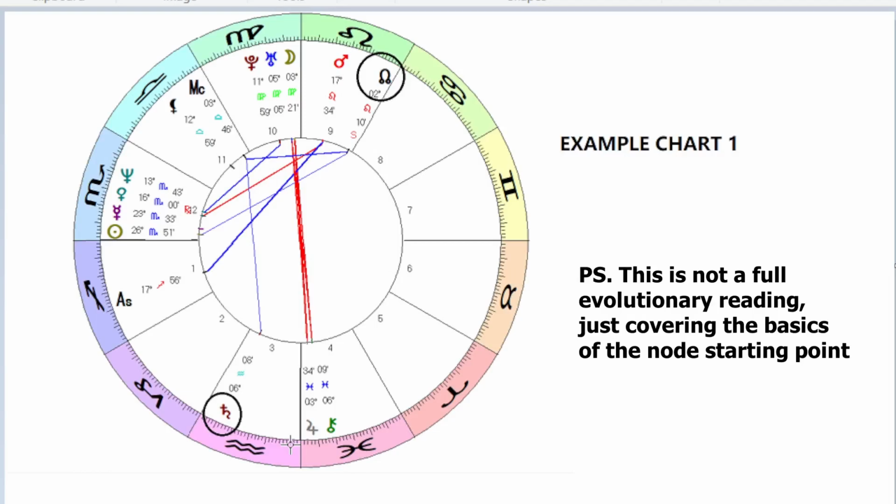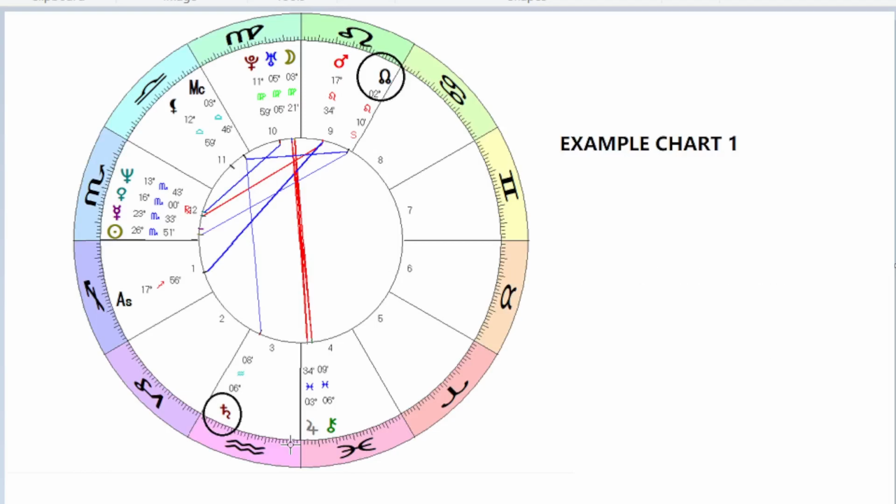Now, what is the North Node in Aquarius, South Node in Leo story? Well, Leo is the North Node, and that's going to represent the energy that is the least familiar to this person, and Aquarius is going to be the energy that is the most familiar to this person.